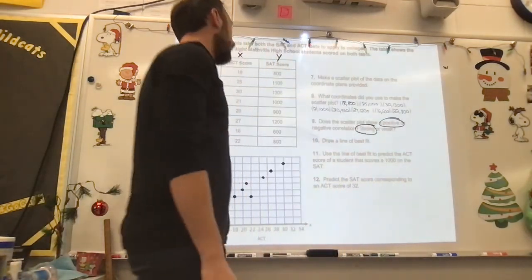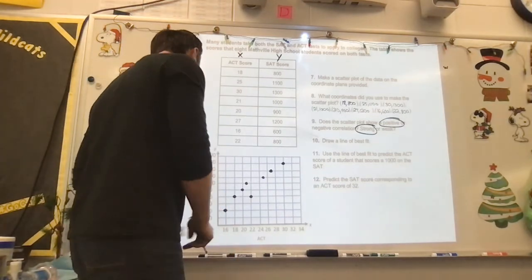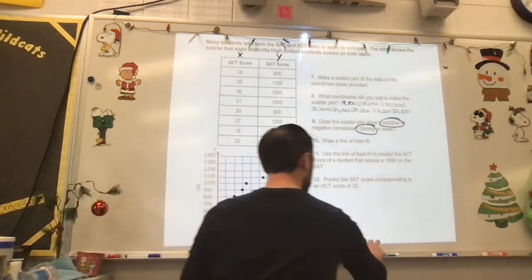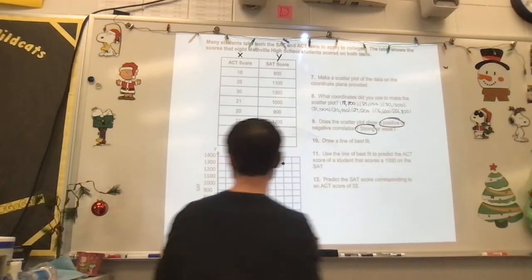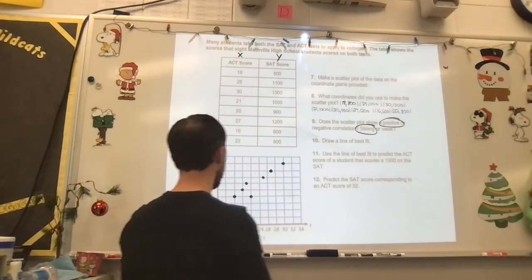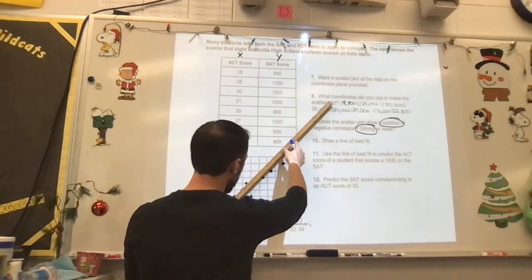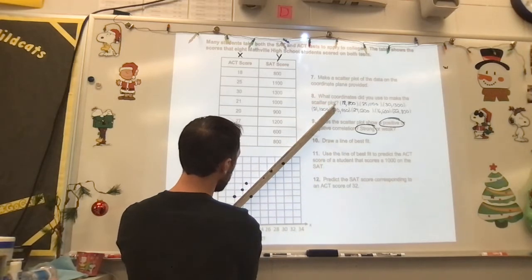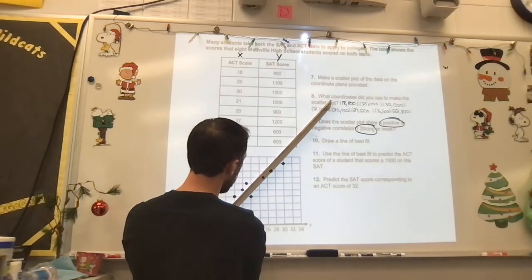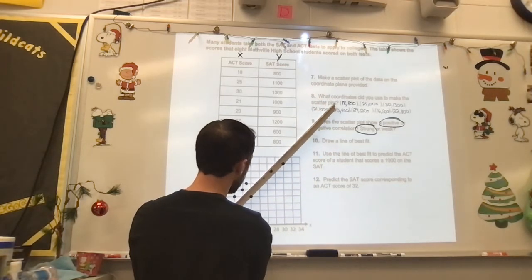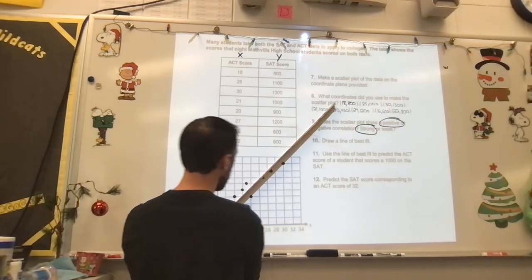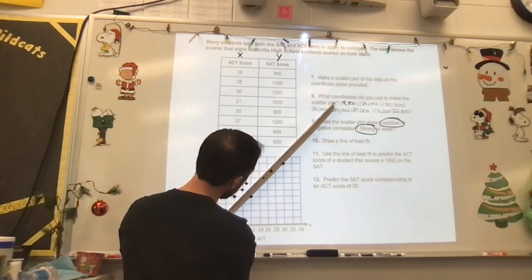It then says draw a line of best fit. So that's when we draw my line. We get different colors so you guys can see it better. And when I draw my line of best fit, I'm going to try to split it in half. Let's say maybe right about, I have 3 above, about 3 below.